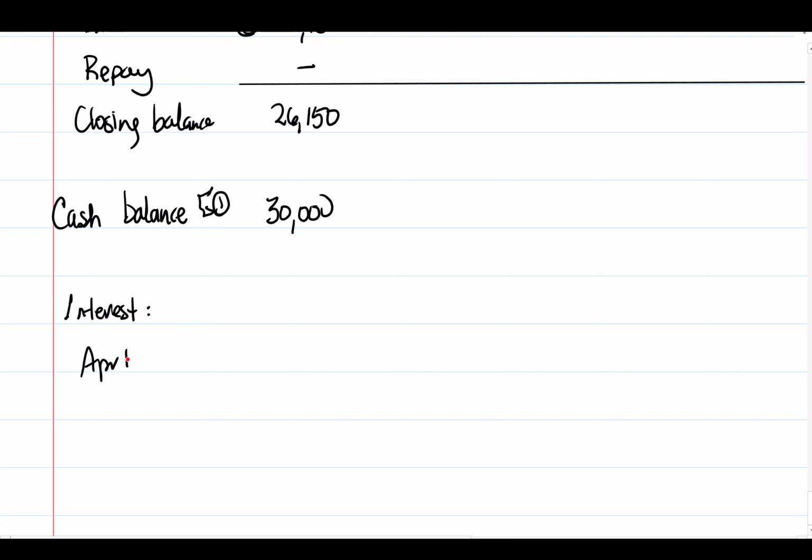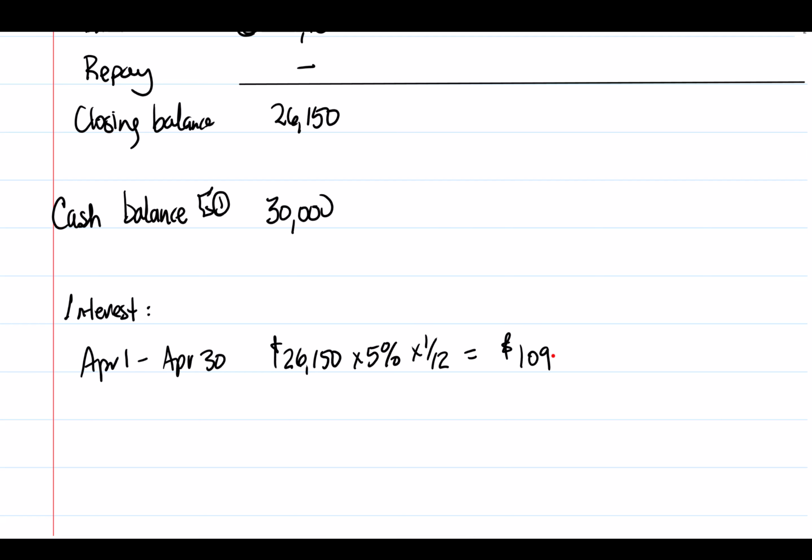So April 1 to April 30th, we had $26,150 outstanding. The interest rate is 5% per annum, per year, and we have it outstanding for 1 month, for the month of April. So that works out to $109. That is going to be interest expense for April.